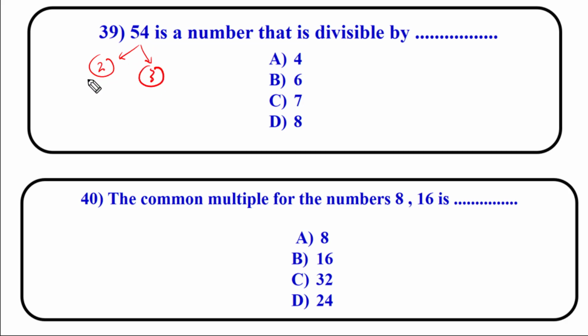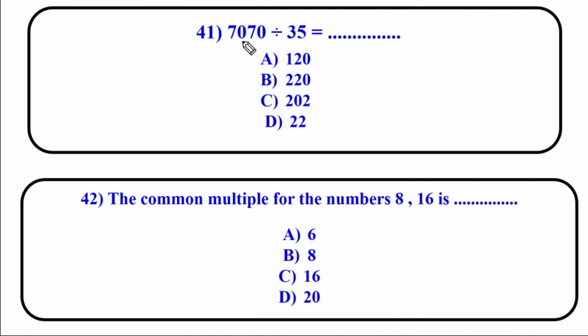Now 54 is divisible by 2 and 3, so it is divisible by the product of 2 and 3. What is it, guys? It is 6. So the correct answer is B. And we studied before from the multiplication table, 54 divided by 6 equals 9, because 6 times 9 equals 54.